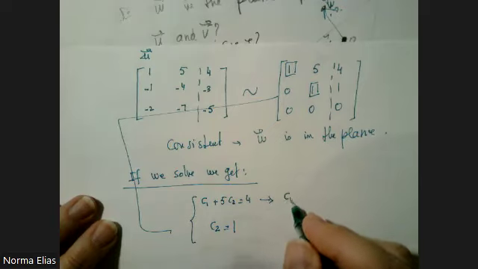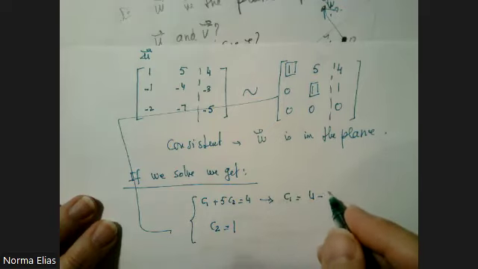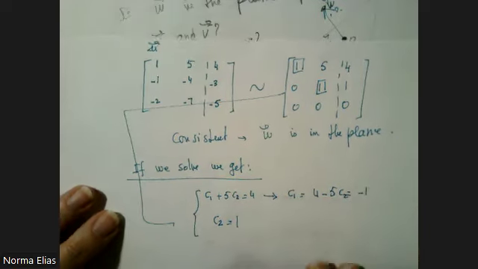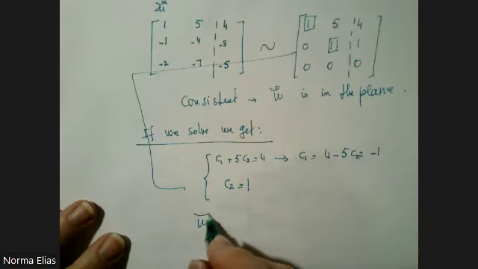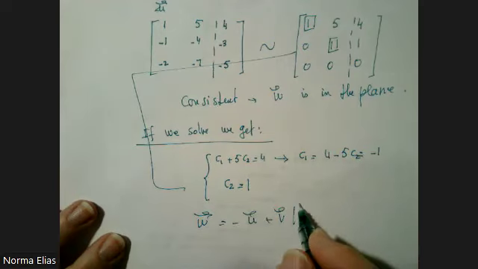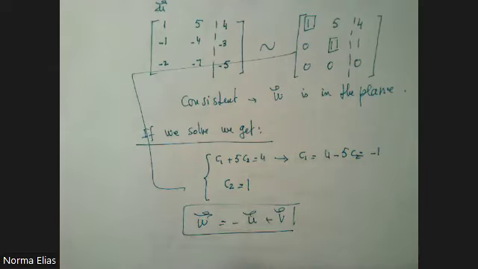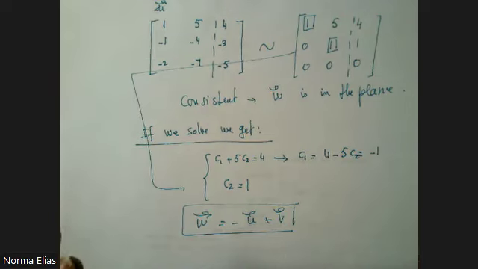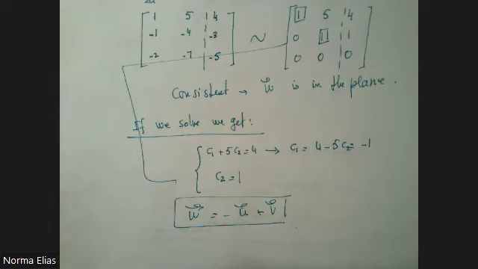Back substitution gives me C1 is 4 minus 5C2, equal to minus 1. It means that the vector W is actually minus U plus V. So I can reach W very easily by going a little bit in the direction of minus U plus the vector V. It means that W is in the plane. Otherwise, W would be outside the plane.